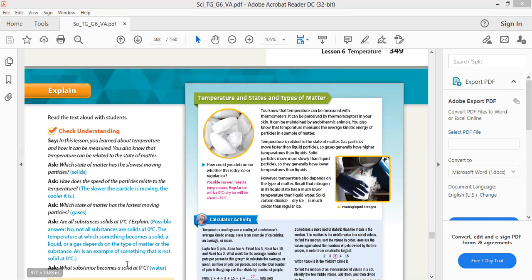Who heard the question? The question was: temperature depends on two things. Ahed told us one thing. He said it depends on the type of matter. What is the other thing that temperature depends on? Do you hear the question now, Kareem?